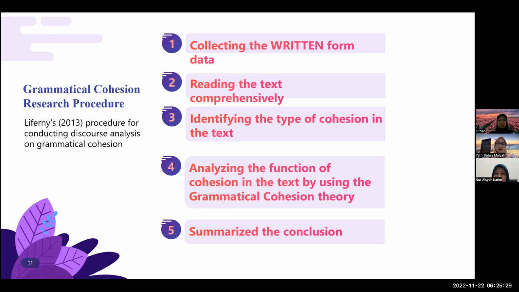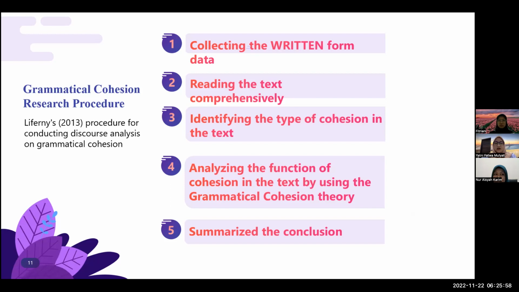So the grammatical cohesion research procedure actually depends on the researcher itself, because there is no set procedure that the researcher has to follow exactly like this. So you could skip number 4, analyzing the function, if you just want to identify the type of cohesion.